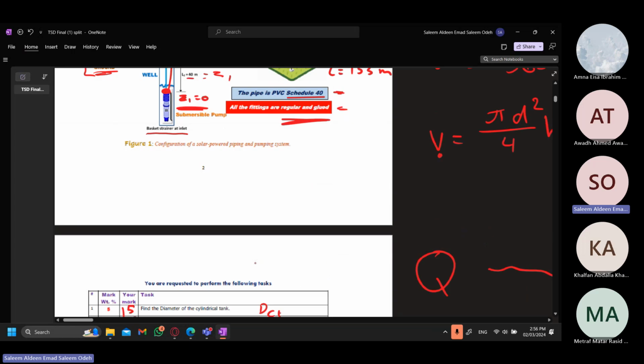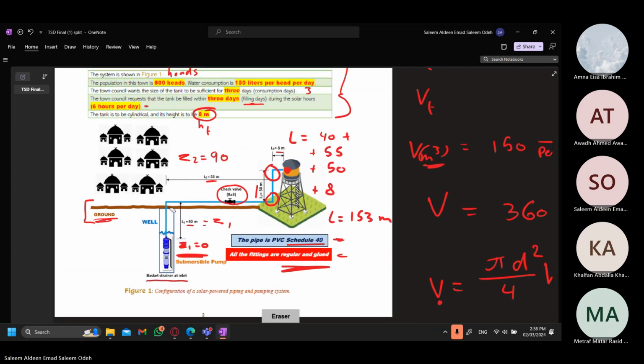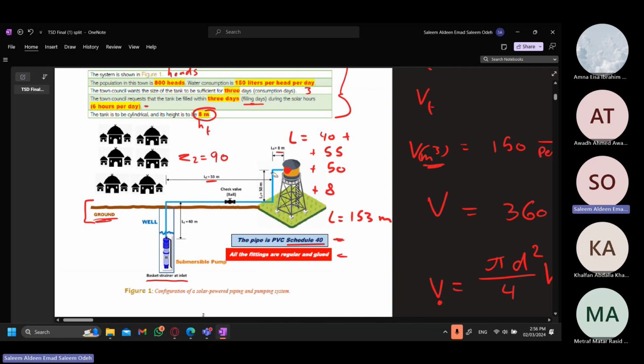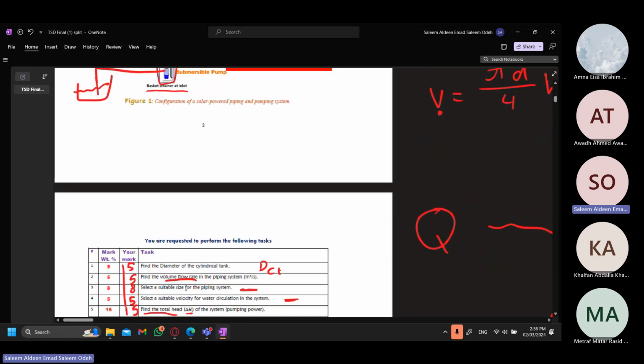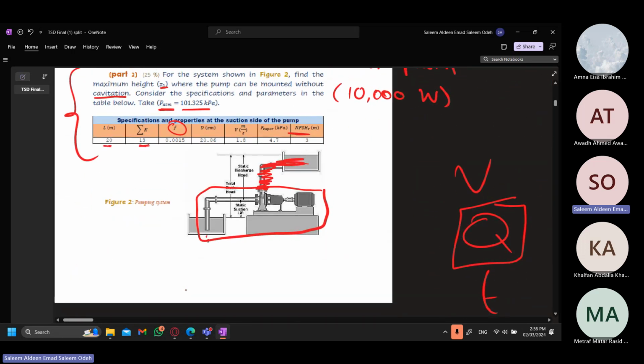Now, if you look at the previous question, the piping system starts from the pump. This is the pump and it starts from here. So cavitation will not occur in this entire system, right? But for example, if there was a piping system before it, then there is a possibility for cavitation to occur. That's why in this question he did not ask you to find cavitation.